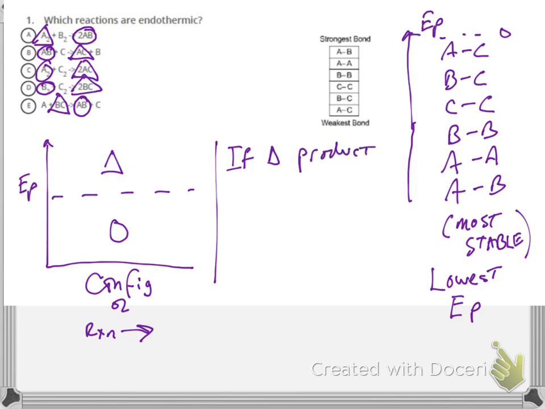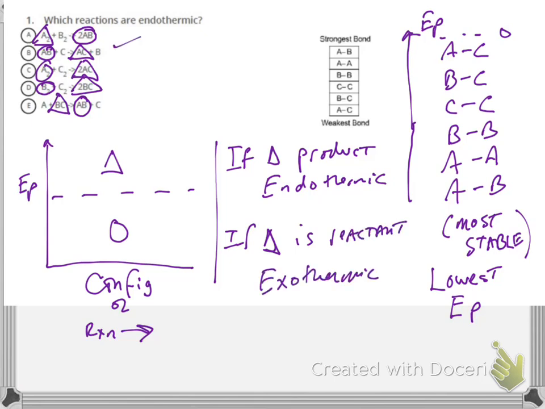If the triangle is in the products, we expect it to be endothermic because the products now have the highest potential energy. And if the triangle is in the reactants, we expect this to be exothermic, meaning that we're making more stable products. So if we're looking for endothermic reactions, we see that B, C, and D all have triangles, all have higher potential energy products, and we would predict them to be endothermic.